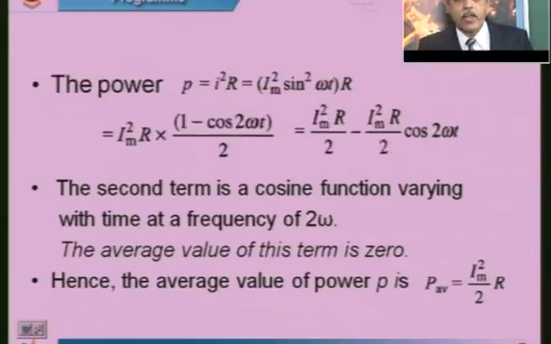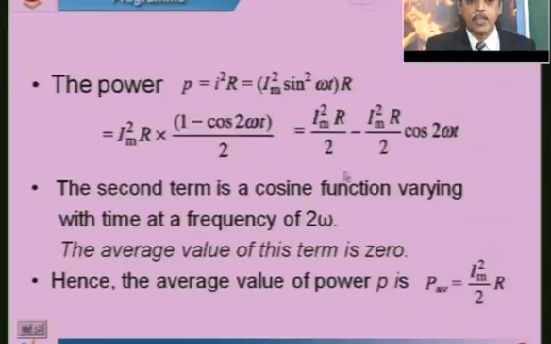So the power I have shown here is P equals i square R. Squaring, I get Im square sin square omega t multiplied by R. This sin square omega t can be written as (1 minus cos 2 omega t) by 2. Therefore the product gives Im square R by 2 minus Im square R by 2 cos 2 omega t. The second term is a cosine function varying with a frequency of 2 omega.